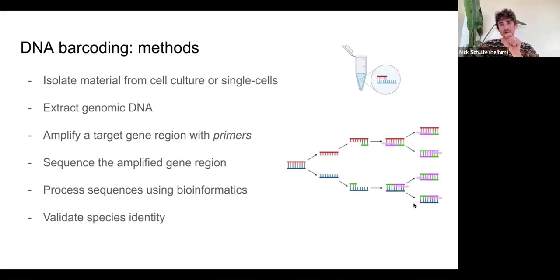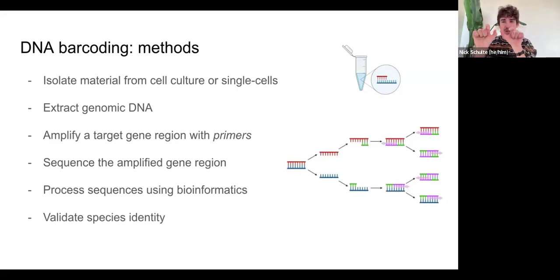Then we focus on, I hope you can see my cursor, but basically you'll have a double-stranded DNA, split it apart, and then we attach what are called primers, which are conserved regions of a DNA sequence, so A, C, T, and G, but it's unique to this gene and to this target taxon or group of taxa that you're interested in, but it's conserved.